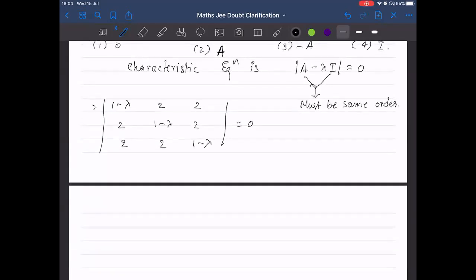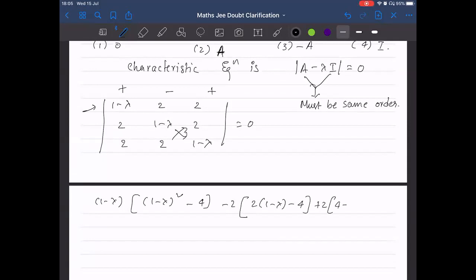So let's expand using the first row. So 1 minus lambda into (1 minus lambda) square minus 4. So having plus minus plus. So minus 2 into (1 minus lambda minus 4) plus 2 into (4 minus 2 into (1 minus lambda)) equals 0.